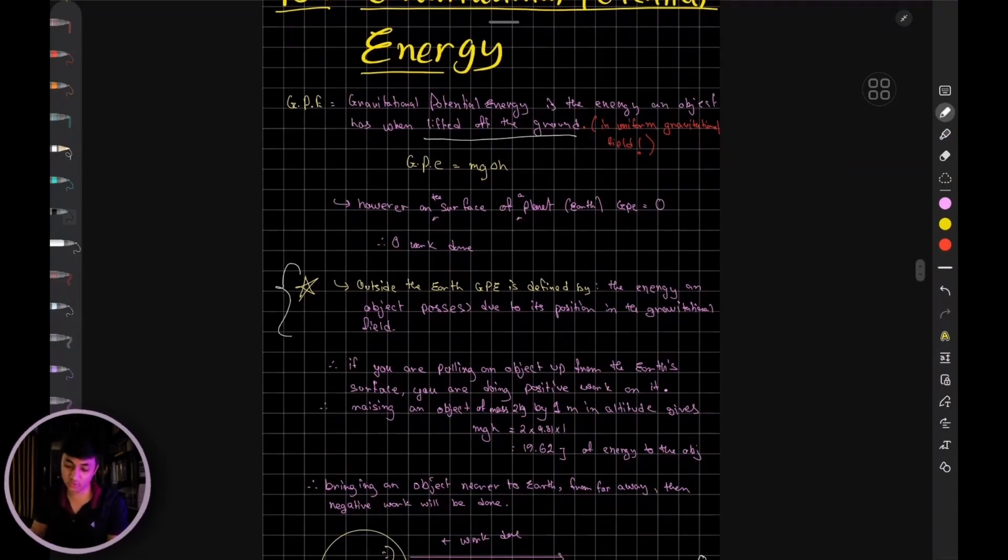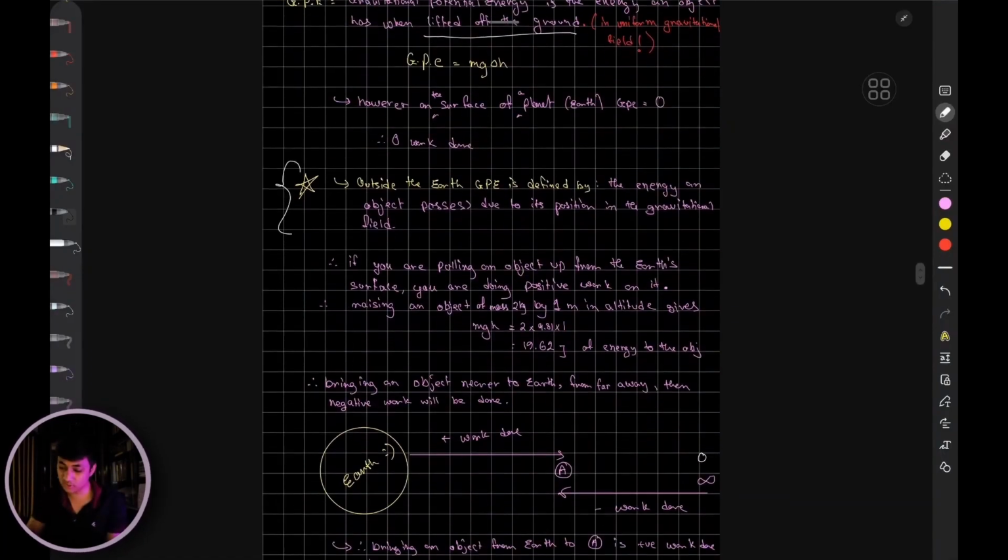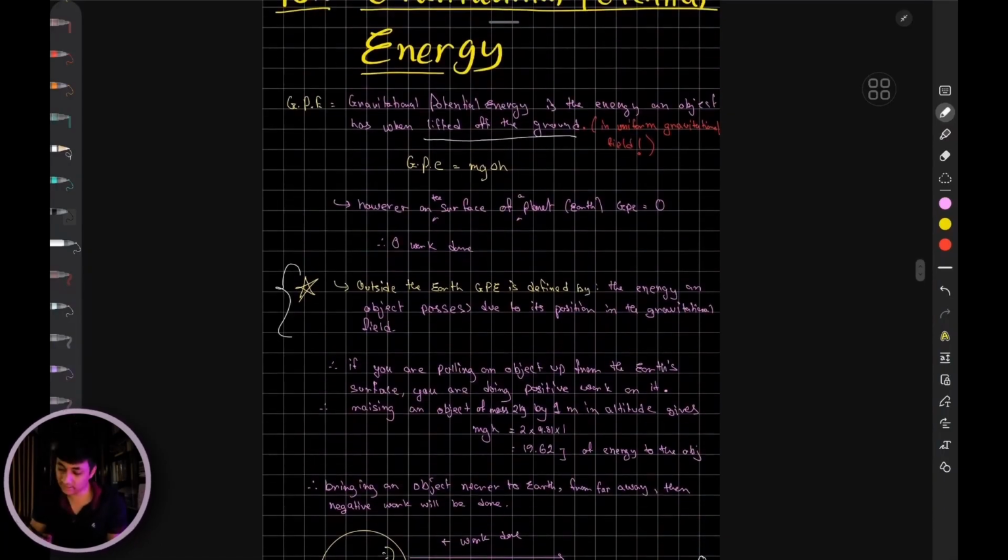Now, this is a way you can define gravitational potential energy in general, but this is not how you're going to write it in the question paper. I'm going to show you what the real definition is. But you can say the gravitational potential energy is the energy an object possesses due to its position in the gravitational field.